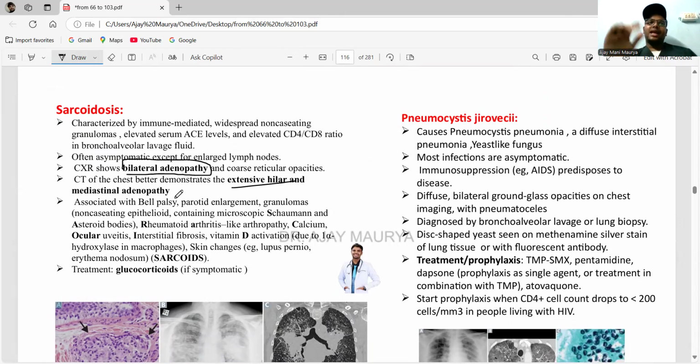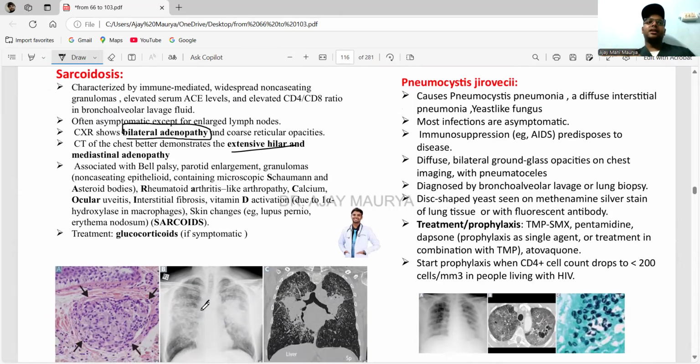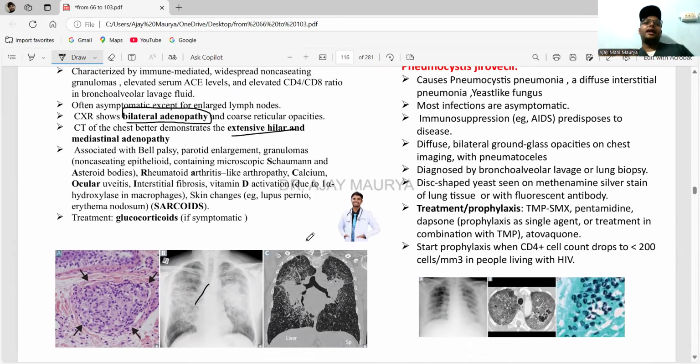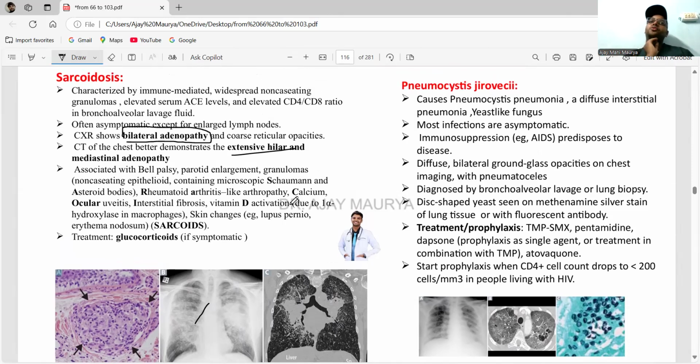The X-ray will show hilar lymphadenopathy, but on CT we see clearly extensive hilar and mediastinal adenopathy. This is what you have to look for in the question while solving sarcoidosis: is there bilateral adenopathy or not? Treatment will be glucocorticoids.